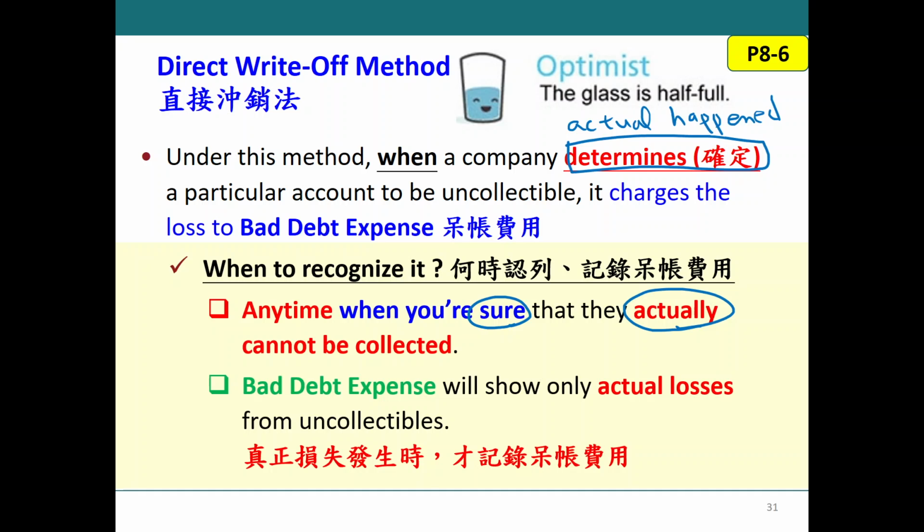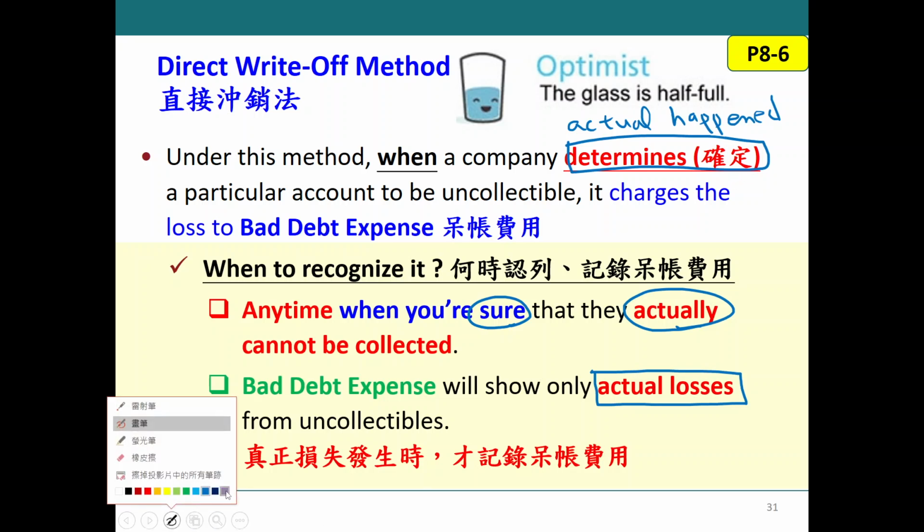So bad debt expense, the actual loss, is recorded when it actually happened. Okay.